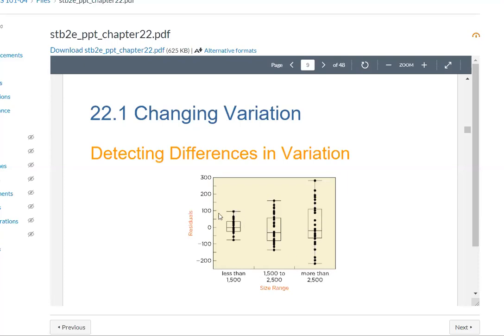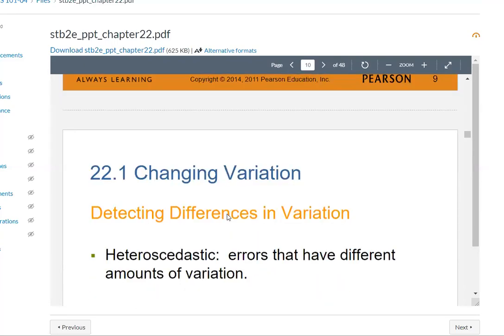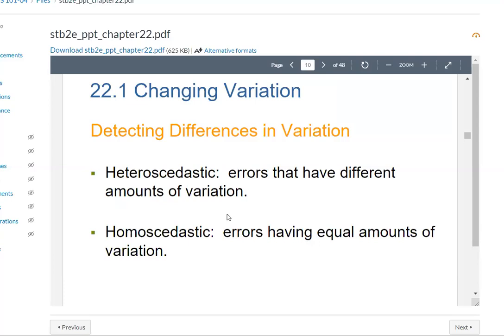You can see that they are not similar, they're not equal variances. Another thing we said is, if you have equal variances, what do we call it? We call it homoscedastic. Homoscedastic means that we have equal variances of errors. If errors do not have equal variances, we call them heteroscedastic.